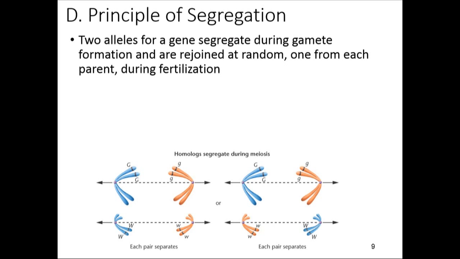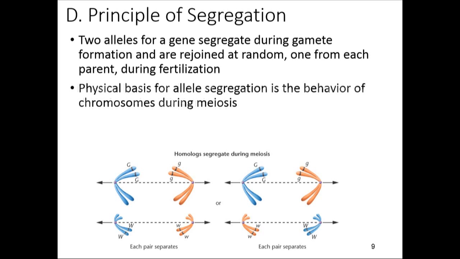But your phenotype would be purple. So what he determined based on these 5 principles is that genes segregate, and this is called the principle of segregation. So the 2 alleles for a gene, here purple and white, during gamete formation, or formation of an egg and sperm, are separated, and then they rejoin at random during fertilization.